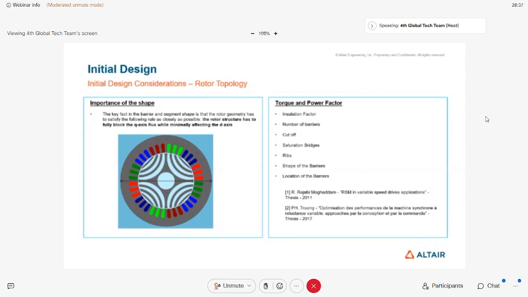Once we fix the number of poles and the number of slots, we now have to choose the shape of the rotor. And for a synchronous reluctance machine, this is really a key point. This is a reluctance machine, so we have to create reluctance in the rotor.